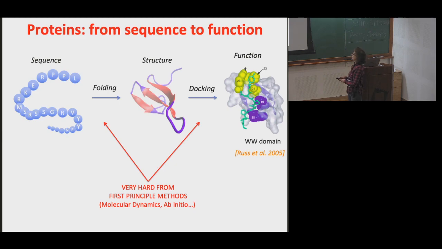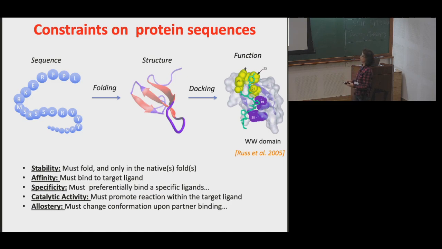But there is more. The sequence doesn't only fold in one or a few native folds, but it also has to bind the target ligand in a specific way, and it often has a catalytic activity, so it must promote a reaction within the target ligand.